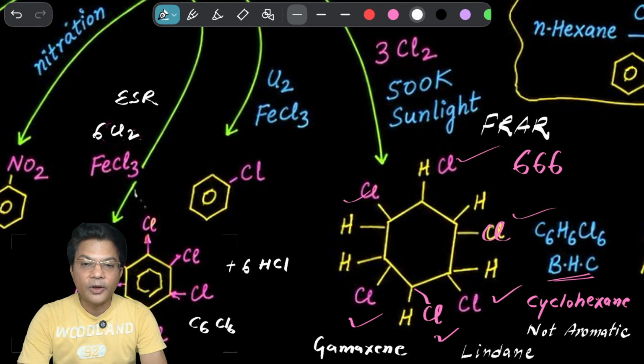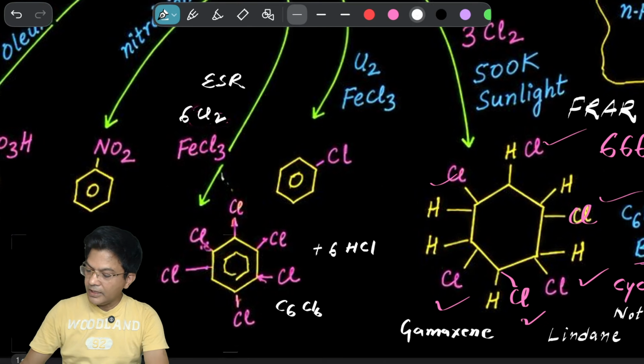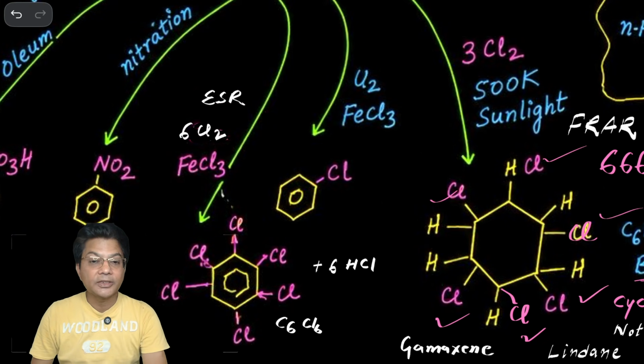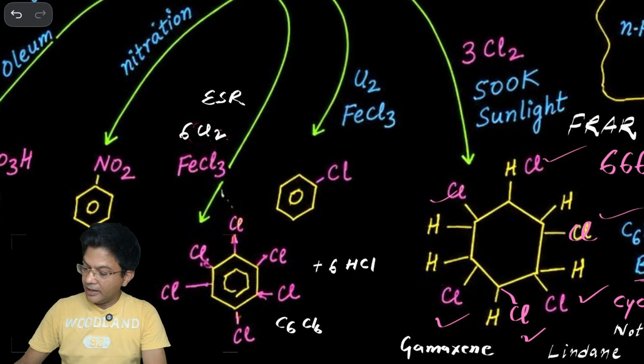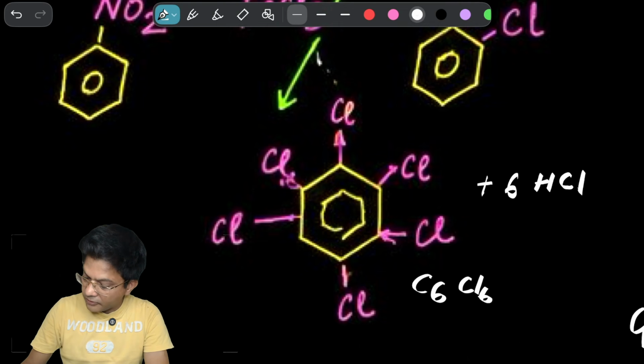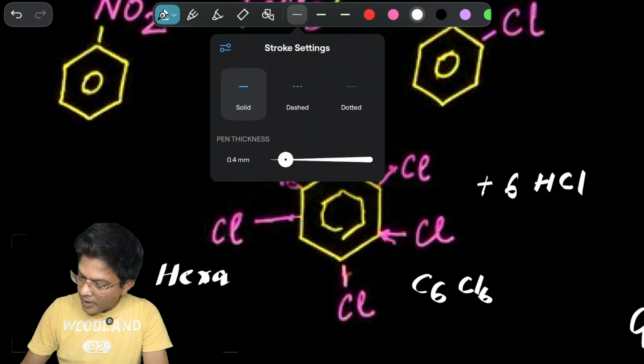In place of the double bond, chlorine got added, but this one is your ESR, electrophilic substitution reaction. Hydrogen got replaced by chlorine. Still benzene is there. Benzene has not lost its aromaticity, and its name is hexachlorobenzene.